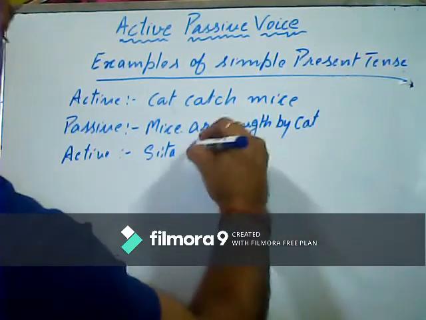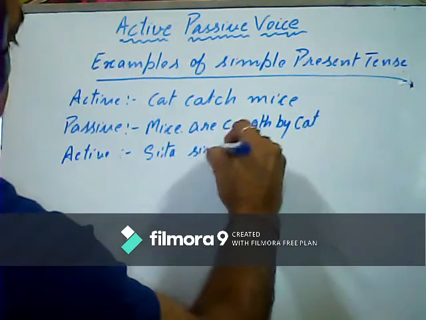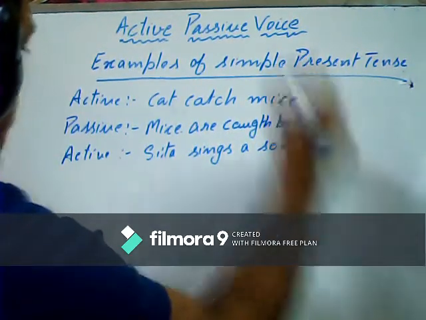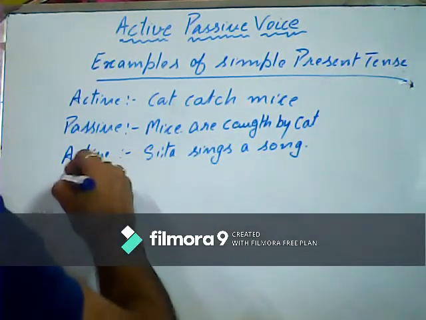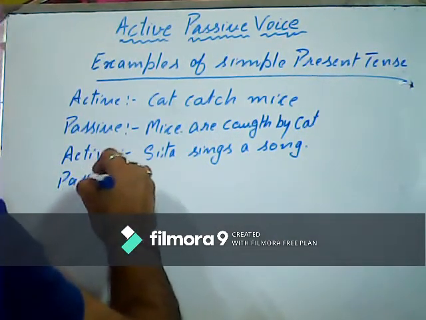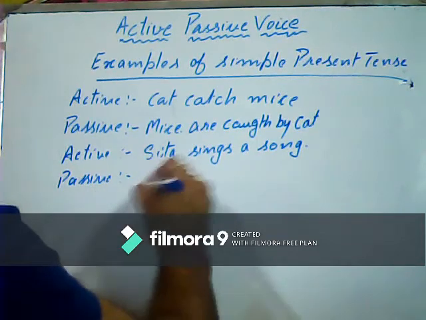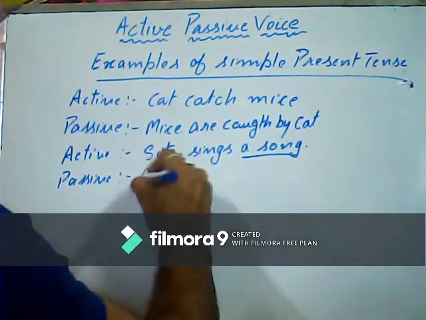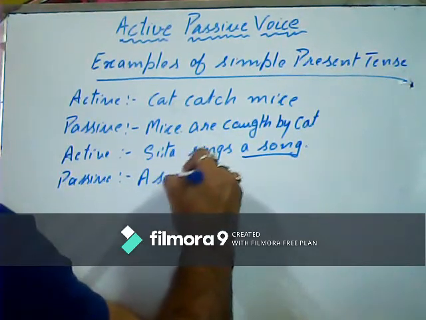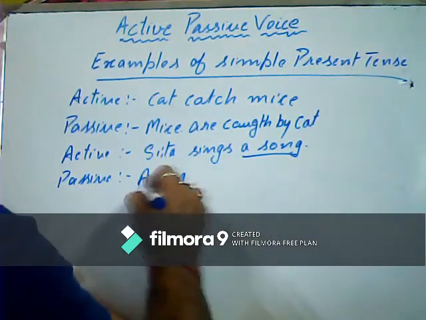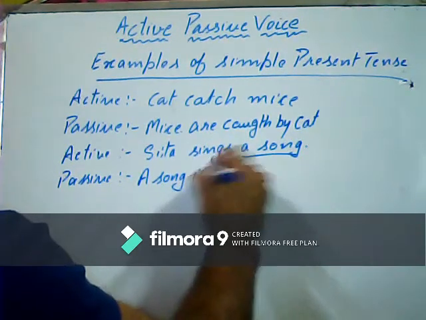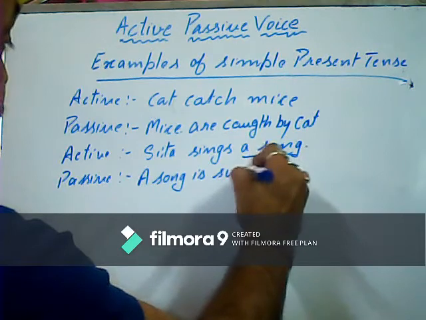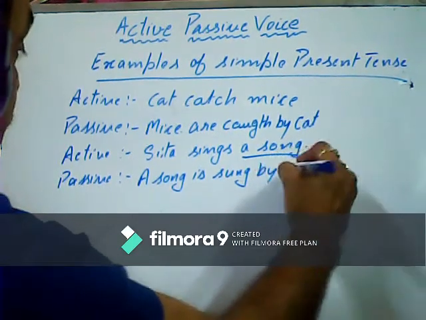Sita sings a song. Now, passive voice will be, this is object, then it will become subject. A song, because a song is singular, is, third form of the sing is sung by Sita.